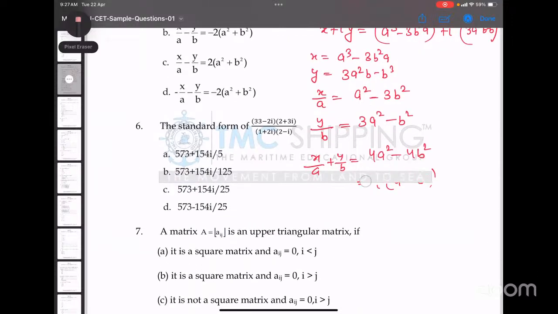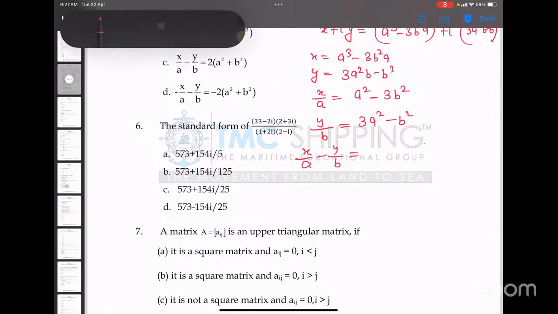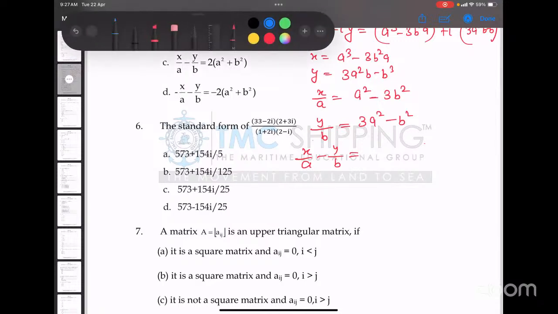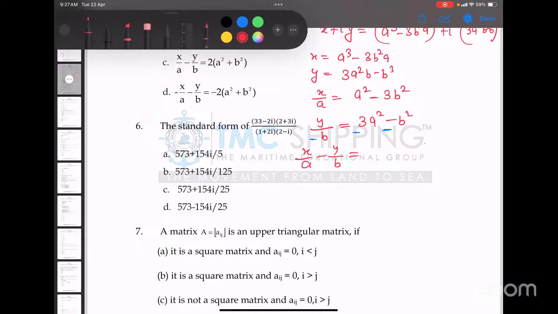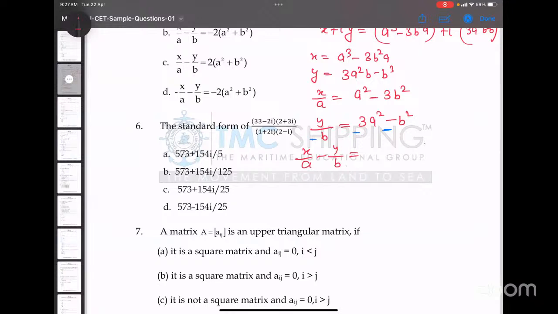If I subtract it, what will I get? This will be x by a minus y by b is equal to, on subtraction, a square minus 3a square, minus 3b square and plus b square.